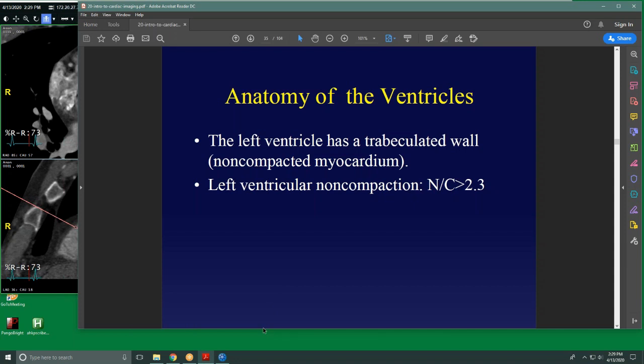That's a disorder that has associated morbidity and mortality. It's not really too important to remember this exact number, but just remember that people can have too much non-compacted myocardium, and that can be an issue. But you don't need to remember this number.